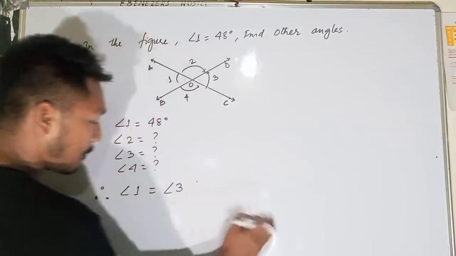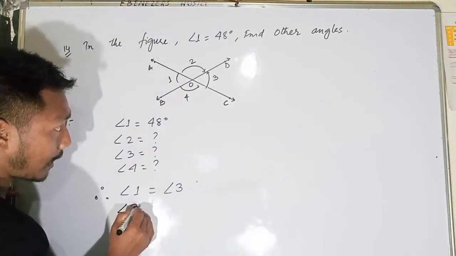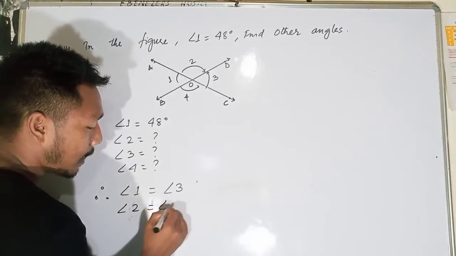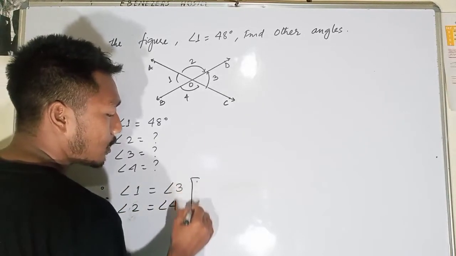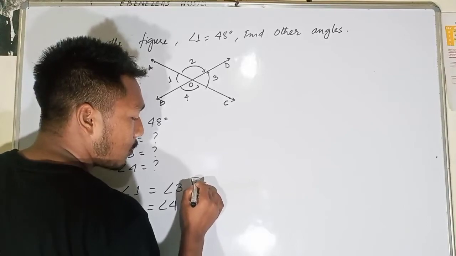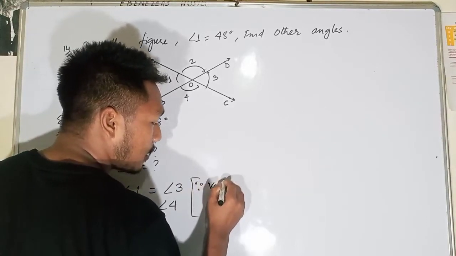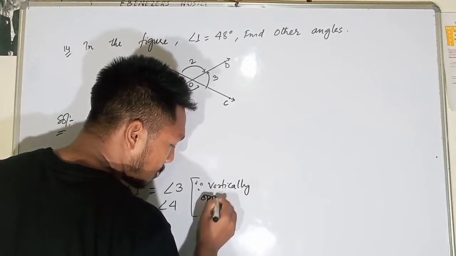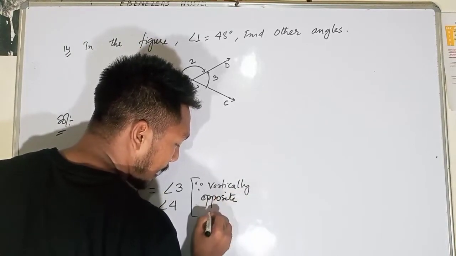I will write it again. Angle 1 and angle 3 are equal, and angle 2 and angle 4 are also equal to each other. Why? Since they are vertically opposite angles.